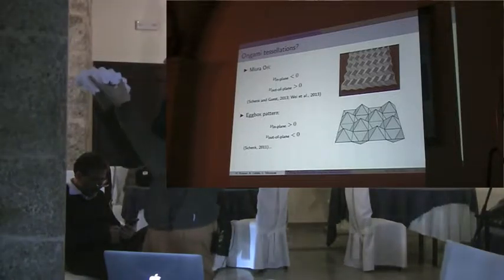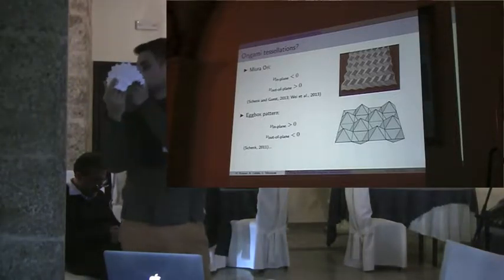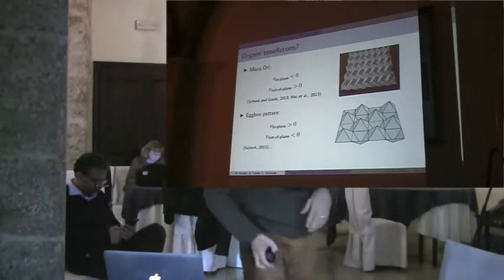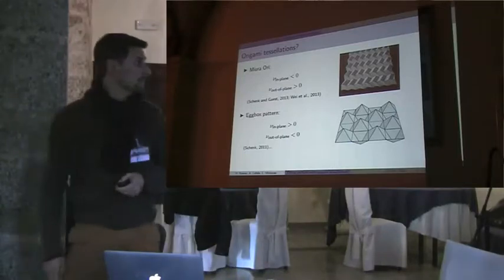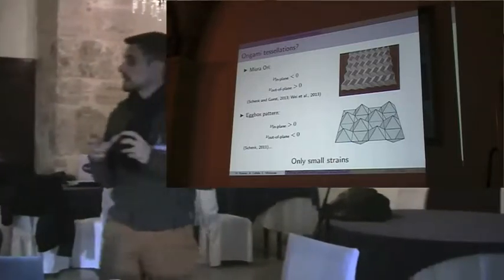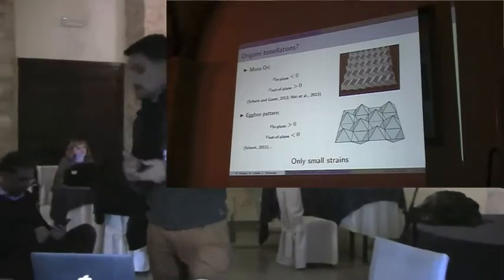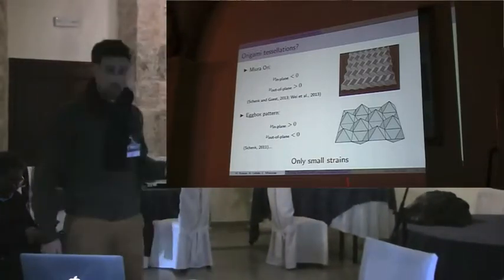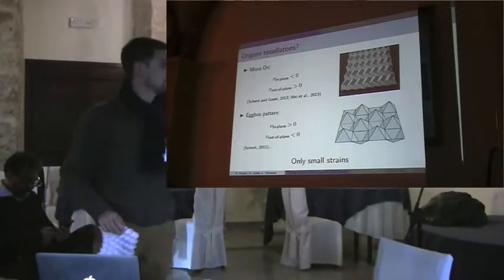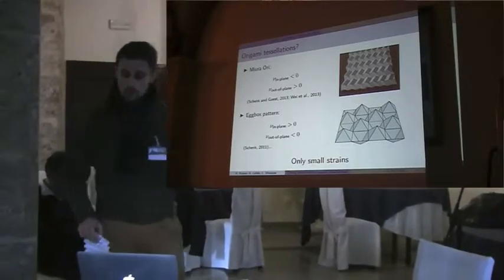And if I bend it, I can achieve double positive curvature, which means that the out-of-plane Poisson coefficient is negative. Okay? And this was achieved considering one unit cell and perturbating the unit cell. So it is only in small strains. So the purpose of the talk is to address the eggbox pattern, but allowing large strains.